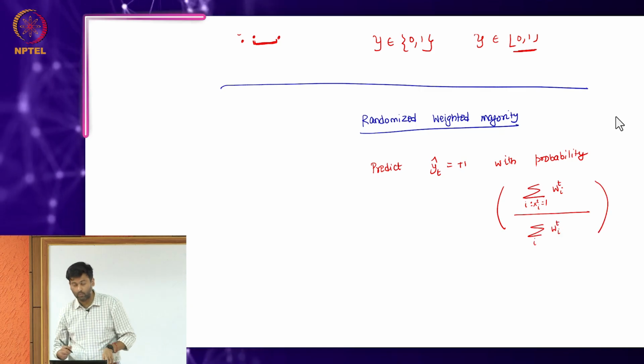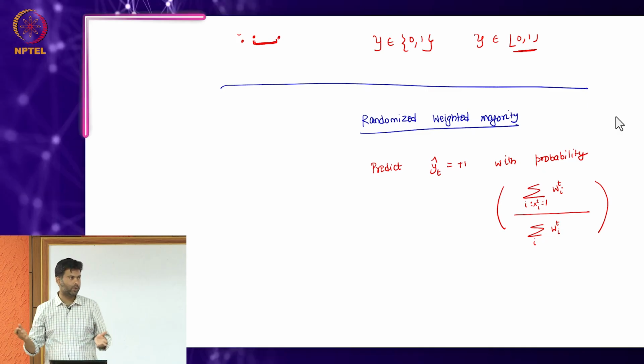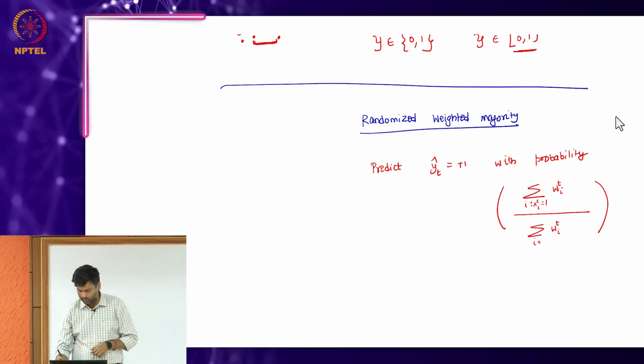This is what you did to get 2 by 3, I believe, right? So 20 by 10 plus 20, which is exactly this, i equals 1 to d, all weights.